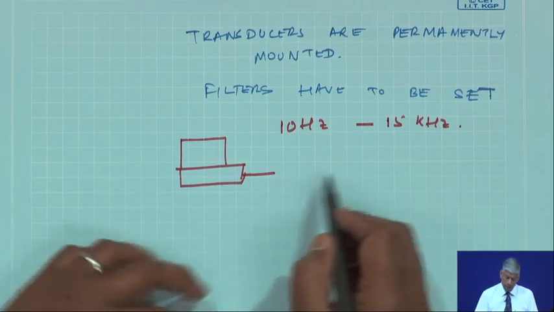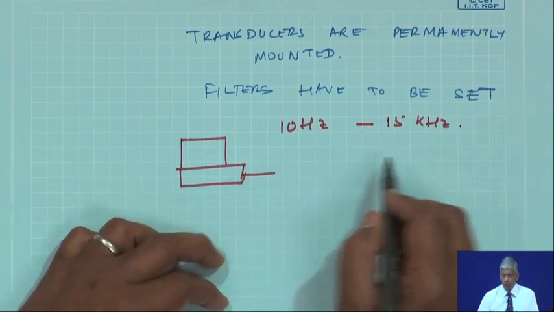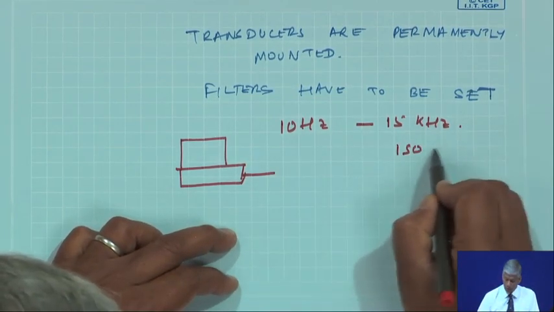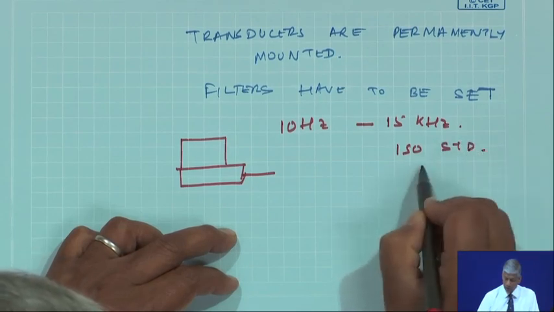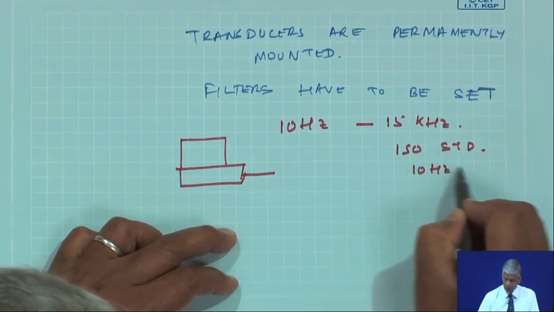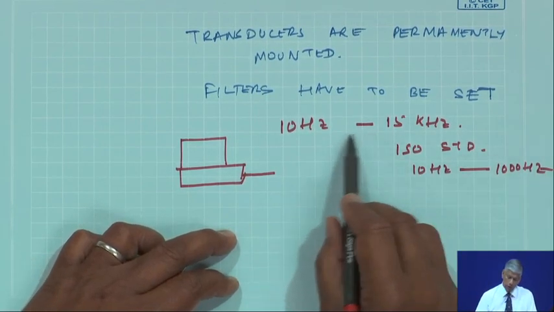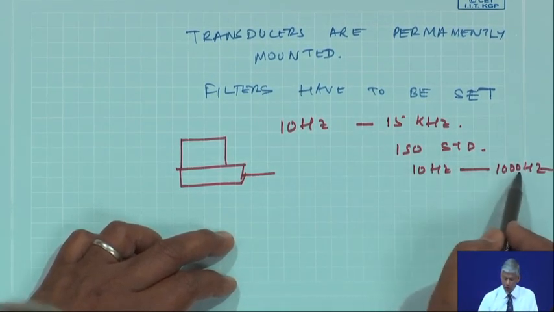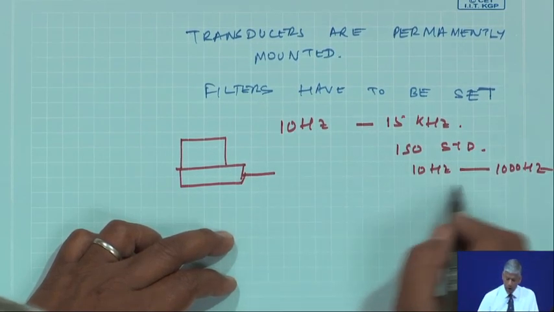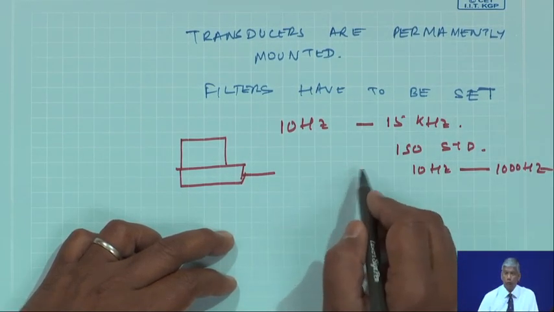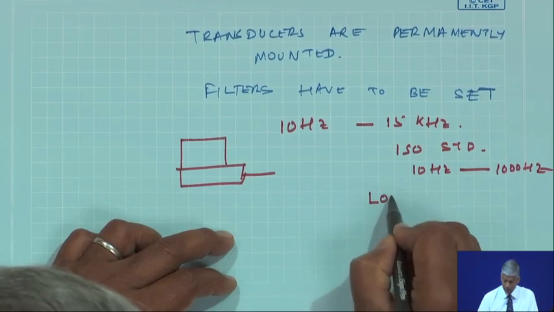Okay. But if you recall the ISO standard on vibration measurement, it says 10 hertz to 1000 hertz. So, I am not interested in anything beyond 1000 hertz. So, I could put a band pass filter or a low pass filter till 1000 hertz.